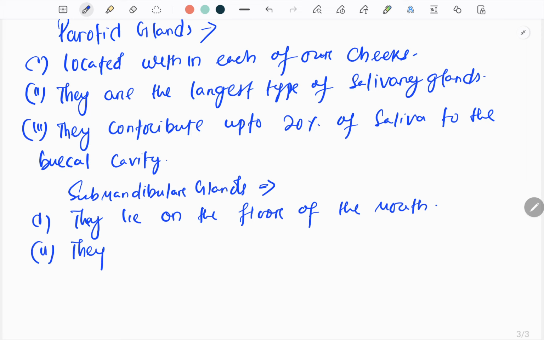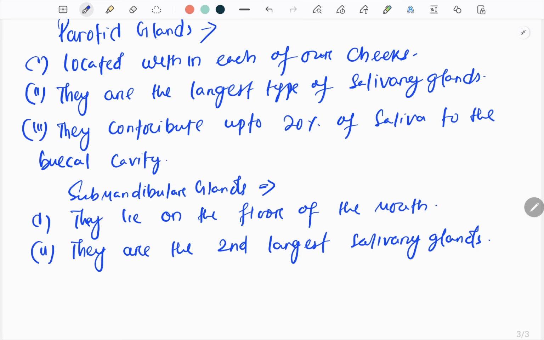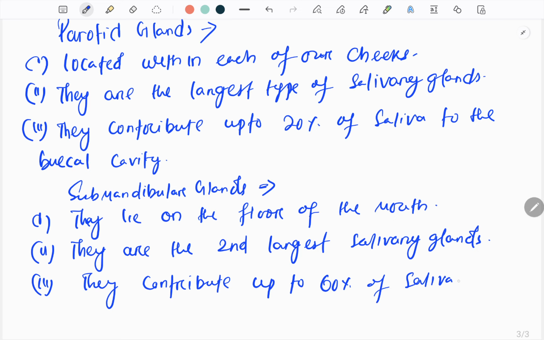Second, they are the second largest salivary glands in the buccal cavity. And they contribute up to 60% of saliva.